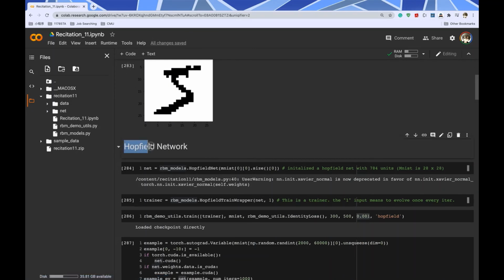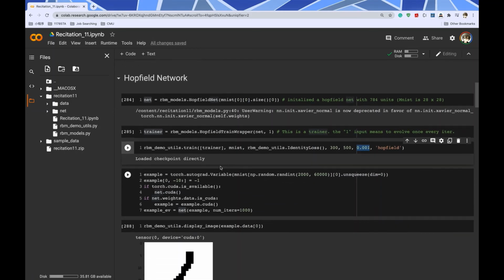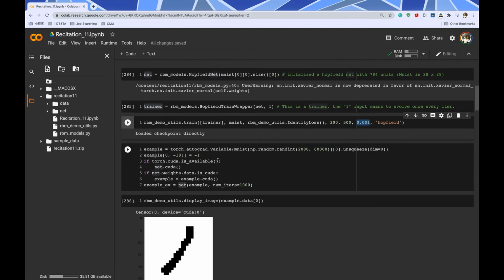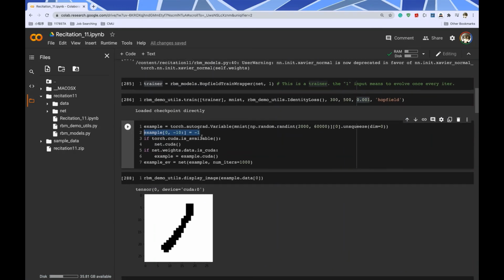And for the Hopfield network, we load the network trainer, and we train it for 300 epochs with the batch size 500 and the learning rate equals 0.001, and with the identity loss. After we train the model, first we modify the first example by setting the one hot vector to -1, so that the label now becomes 0.